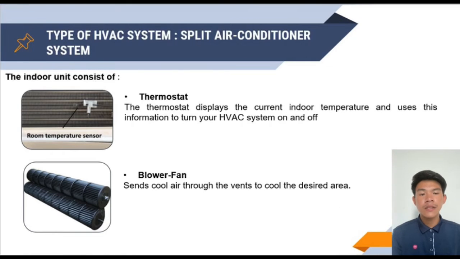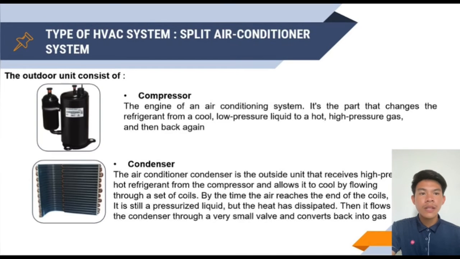Thirdly, the thermostat. The thermostat is a device that detects the temperature of the surrounding air. Next is the blower fan, a fan that blows cool air through the vents. The outdoor unit consists of the compressor, a device that compresses the refrigerant into hot high pressure gas.